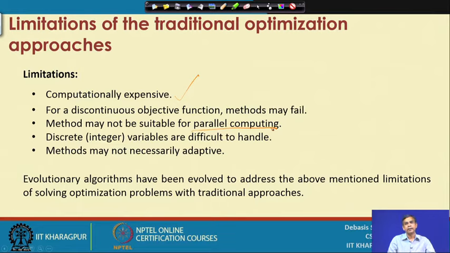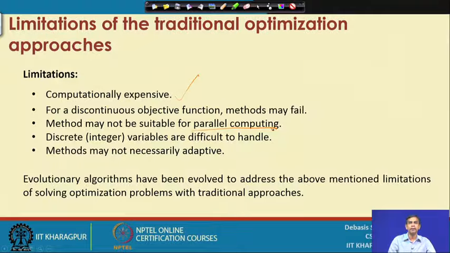Another limitation of the existing approaches is that they are not necessarily adaptive. Adaptive in the sense that if the same algorithm that you have developed has to be applied to m number of parameters instead of n, where n may be greater or less than m, that means if the number of input parameters changes, then you have to rewrite the program totally differently.